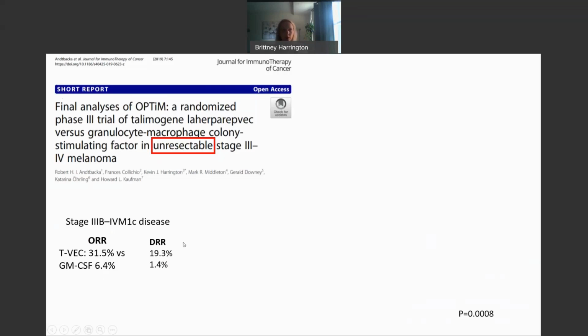And the durable response rate, it depends on the definition that they use, but basically 20-fold when you have TVEC containing GM-CSF compared to just GM-CSF alone. So this is pretty incredible for late stage disease.